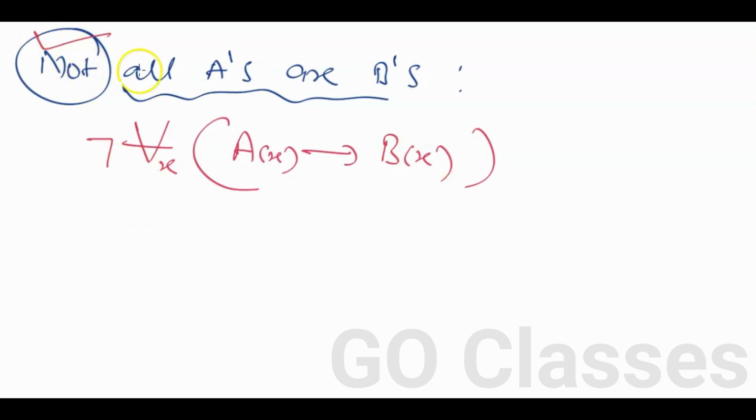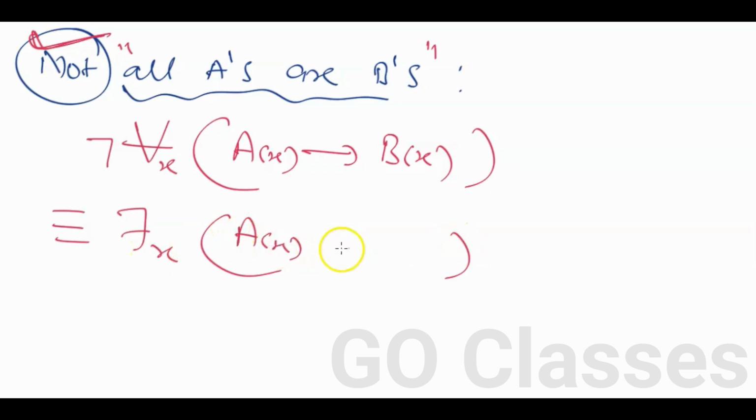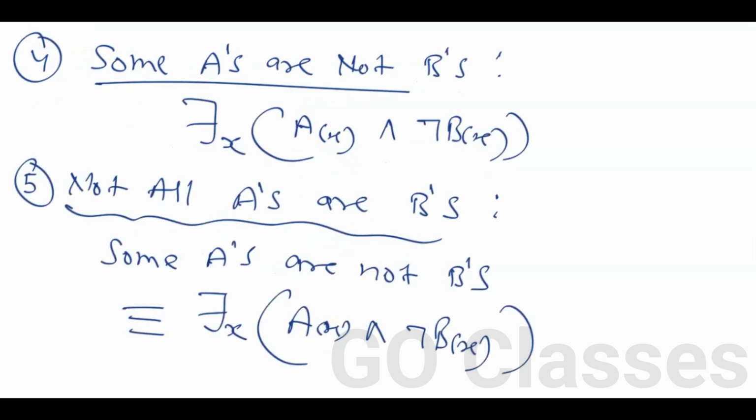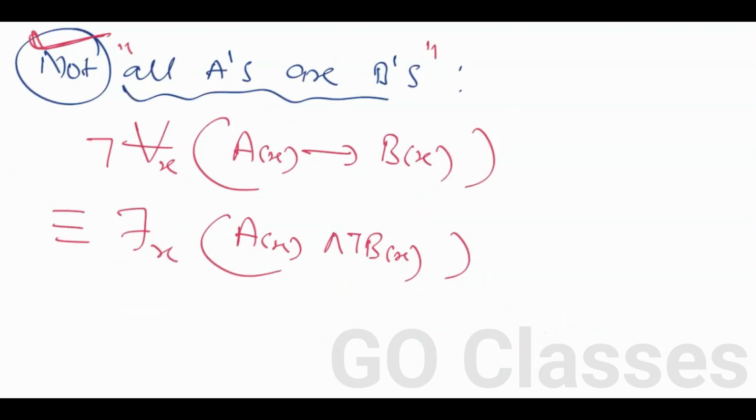So not of all A's are B's is the same as saying that there exists X which is A but which is not B. Both are equivalent.